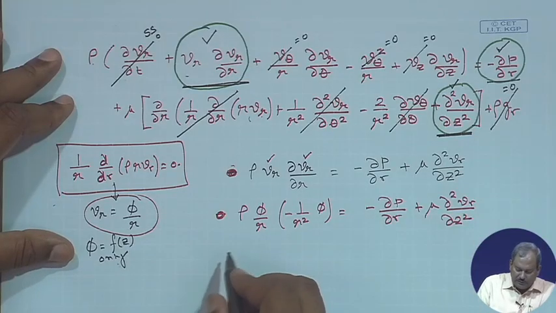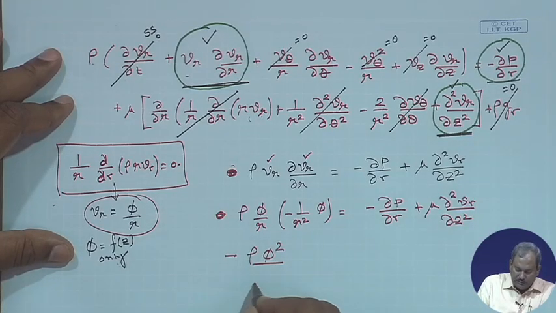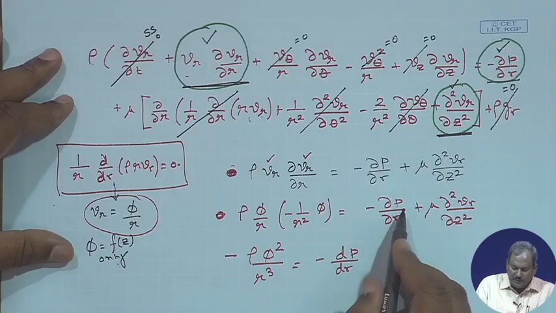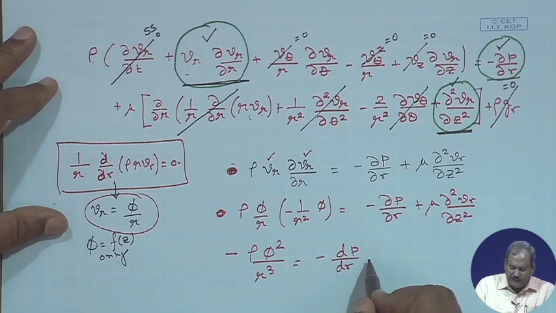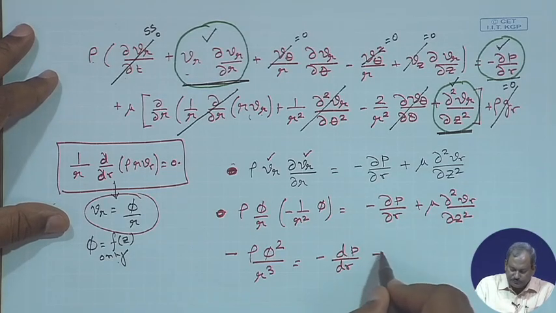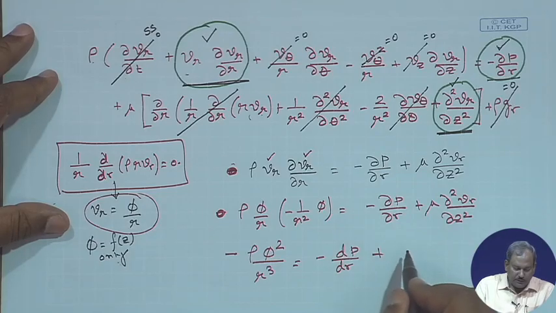So the final form of this would be minus rho phi square by r cube equals minus dp dr. I am consciously using dp instead of del p because p is a function of only r. It does not vary significantly with z or with theta.